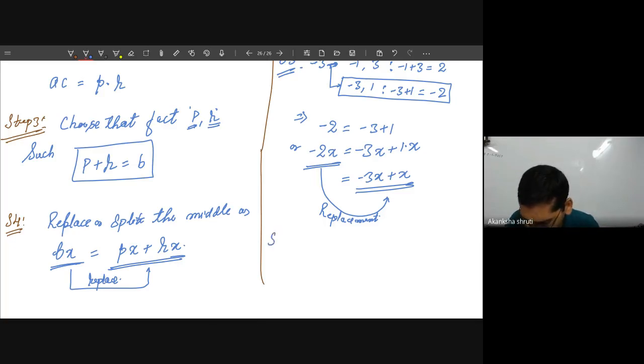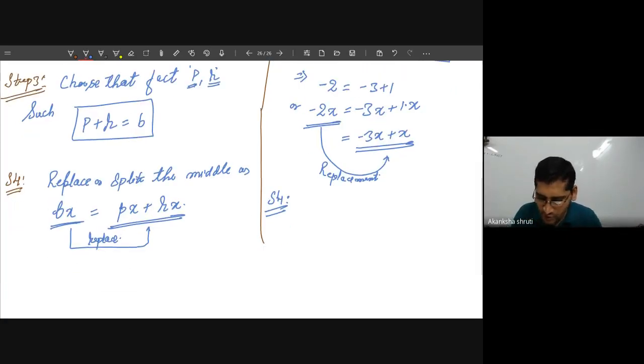So while doing step number 4, what we will get? Whatever quadratic polynomial is given to you, students, it is 3x square minus 2x minus 1.